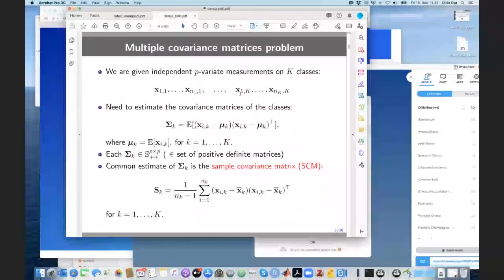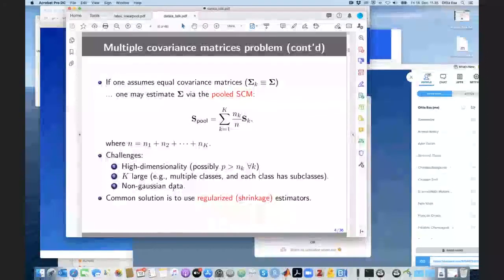Probably you all know that the most commonly used estimate is the sample covariance matrix, and it's given here. I denote it by S_k. Please recall this notation, because you will see it often. Sometimes when you have k populations, you may assume that these populations share the same covariance matrix.